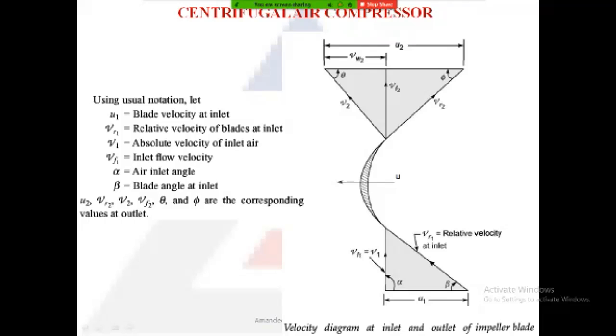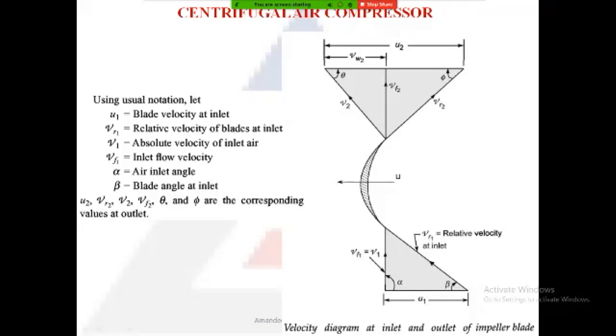The angle that the absolute velocity makes with the blade velocity or the horizontal is theta, and the angle that the relative velocity makes with the horizontal is phi. Now this velocity V2 will have two components: Vf2, the flow component, and Vw2, the whirl component.